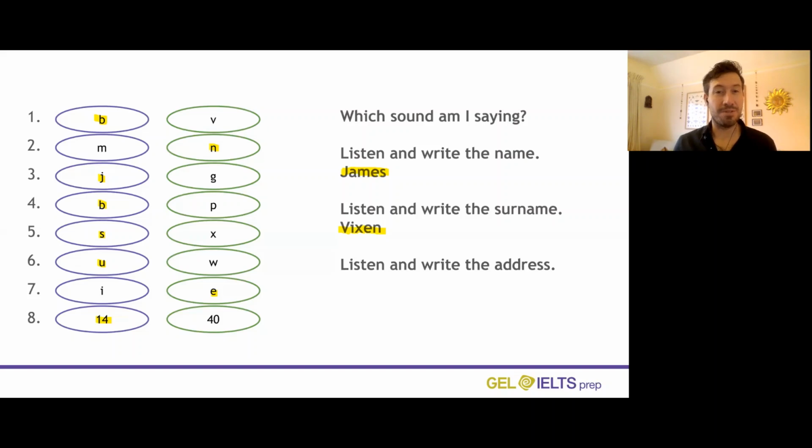So hopefully you wrote 15 Bleak Drive. Again, I said B-L-E-E-K. Now, if that was easy for you, fantastic. But if it was difficult, maybe you need to go and practice the alphabet a little bit more, become more familiar with it, or become more familiar between like 14, 40, 15, 50, those kinds of numbers. It will really help in the listening task 1.